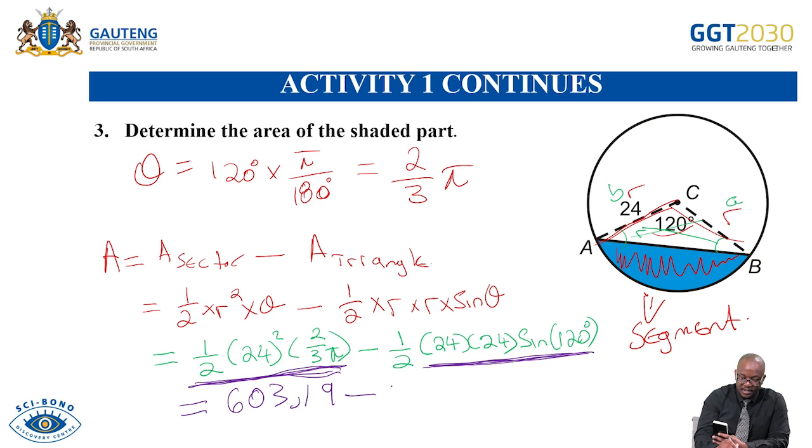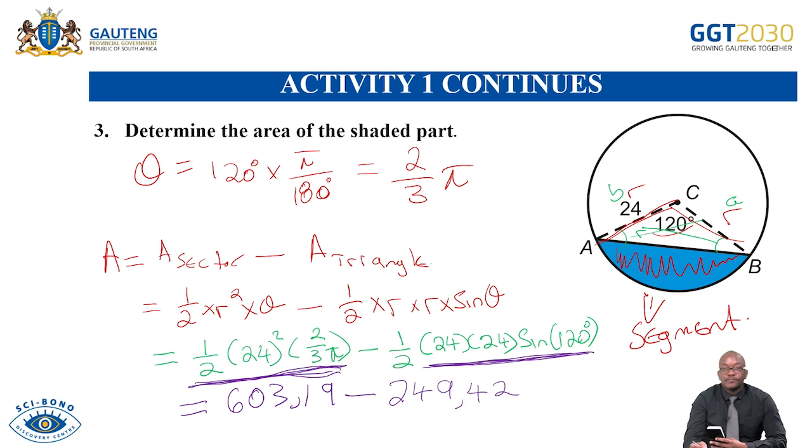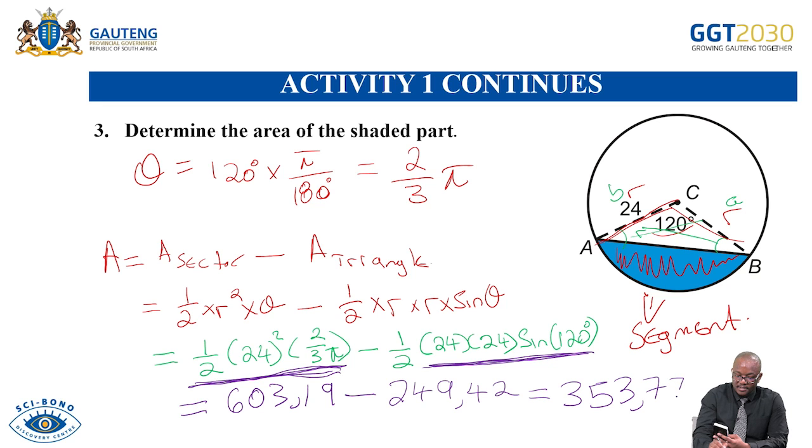From there you will have 249,42. Then 603,19 minus 249,42, and the area of the segment will be 353,77. So that's how you determine the area of your segment.